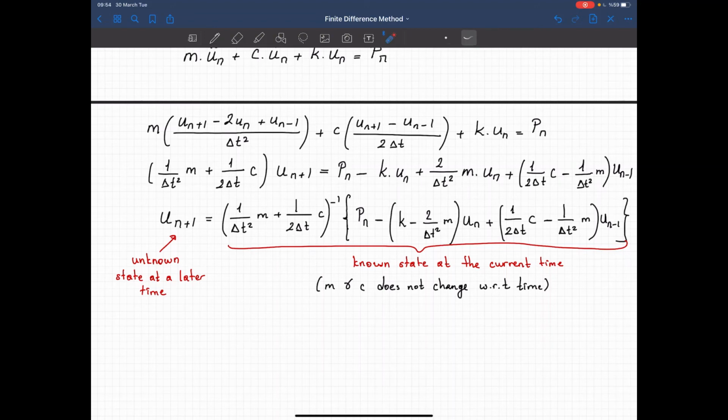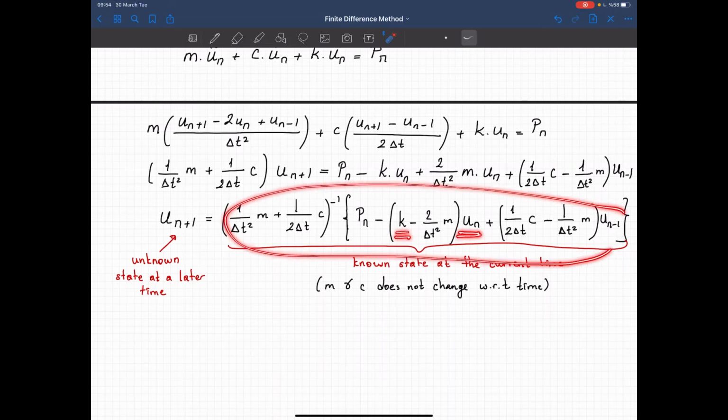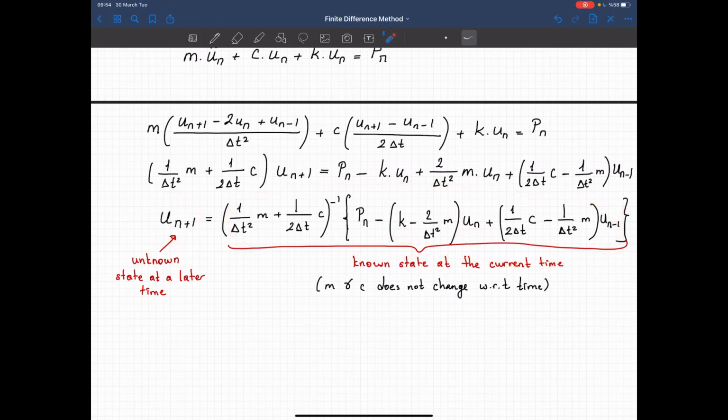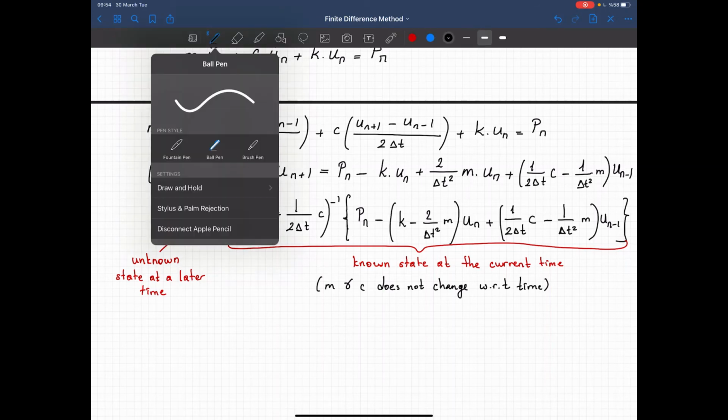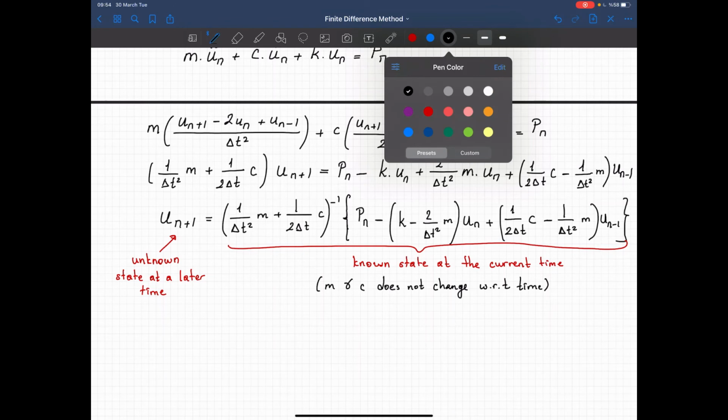So even if you have a nonlinear K, you don't have to solve any system of equations, you don't have to iterate, you just use the K at the current time step, multiply it with the known displacement, and when you evaluate all this, you get the displacement at the upcoming time step. So the advantage of this one is it doesn't require a solution of equations. It doesn't require any iterations. So it proceeds in the time domain in a much faster way.